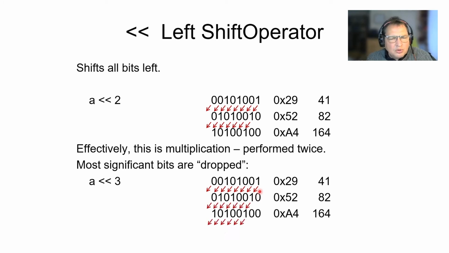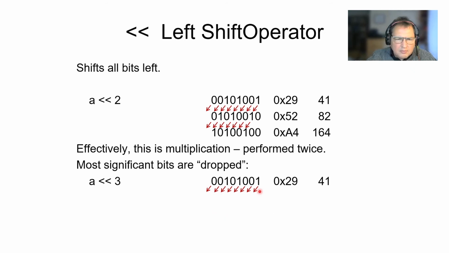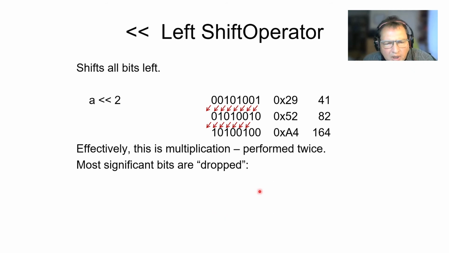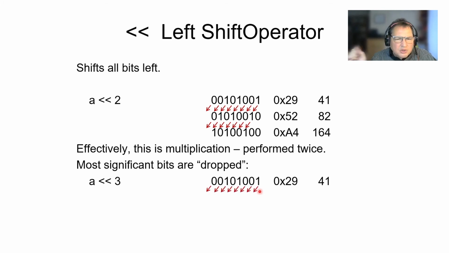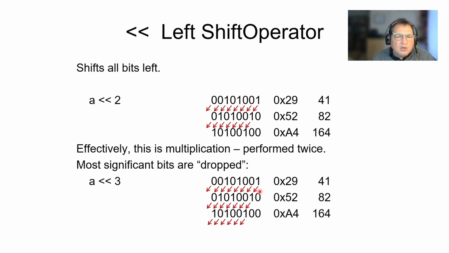Let's have a look what happens in case of a shift by 3 positions. So that's the original value, shift once, shift second time, shift third time. So this bit with the value 1 after the first shift was here, after the second shift was here, and after the third shift disappeared.